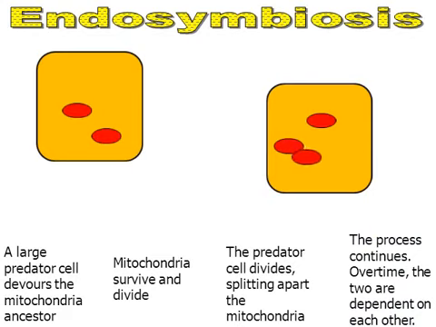So the mitochondria ancestors keep multiplying, and then the orange predator cell divides in half. And over time, over millions and millions of years, the two have become so dependent on one another that they can't survive without them. So this is kind of what the endosymbiosis theory tries to explain, is how cells became more complex. How did we obtain certain cell parts? And this is the explanation for how we think the mitochondria was obtained.